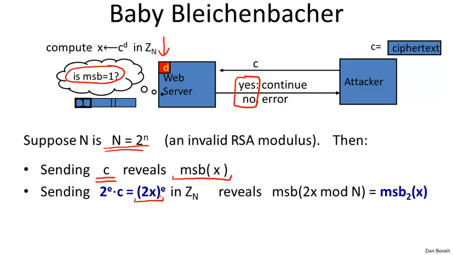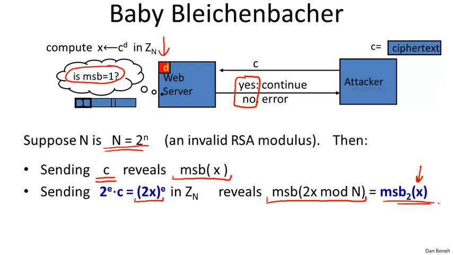Okay, so now when we shift left, we get to learn the most significant bit of 2x, which is really the second most significant bit of x. Again, basically we shift x to the left and we reduce modulo n. So now the most significant bit of 2x modulo n is the second most significant bit of x.